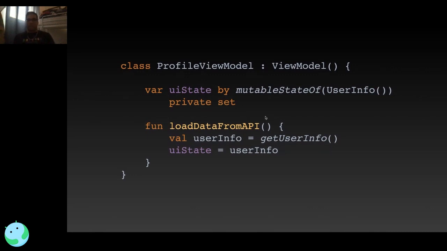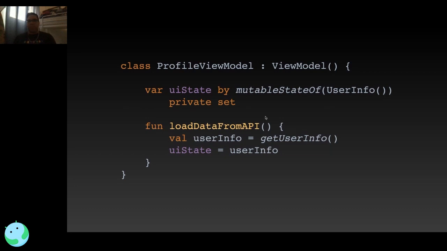Then we do the same we did before, using mutableStateOf and passing a default value. In this case, we don't need to use remember, because remember, as I mentioned, is used to persist the state across recompositions. And remember that the view model lives longer than the UI life cycle.